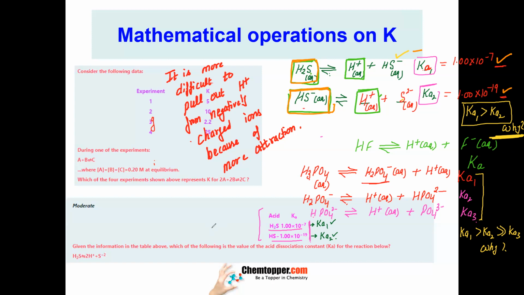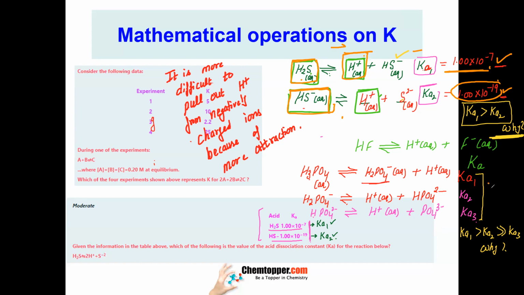Azuni, is this the answer? HS minus? Okay. So which one is stronger? H2S. Why? Because its Ka value is bigger. So it's going to give you more H plus. Reaction is slightly more in this direction. Whereas in this case, the Ka2 value is very small. See the difference.